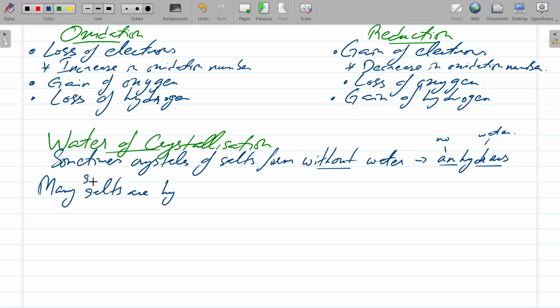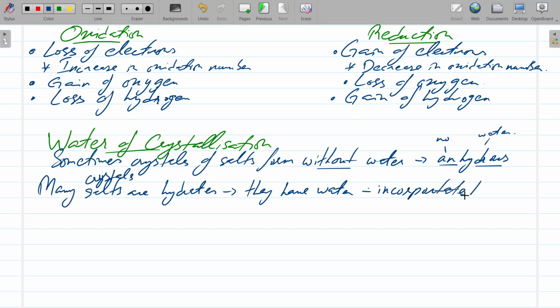Right, many salt crystals are hydrates, which means, right, they have water in them, right? And that water is incorporated. So it is part of the crystal structure.